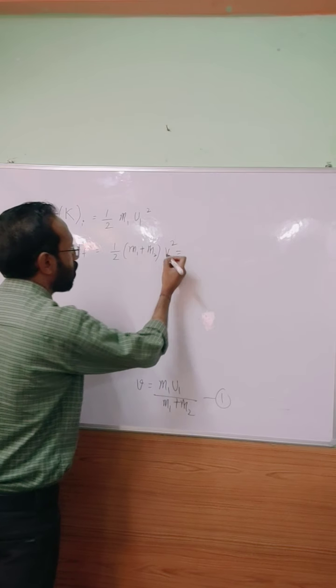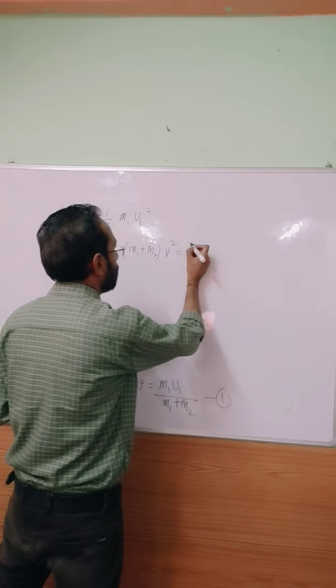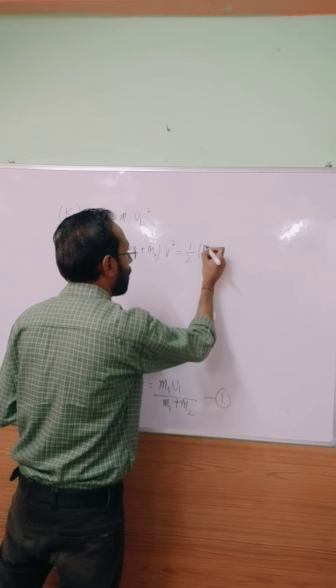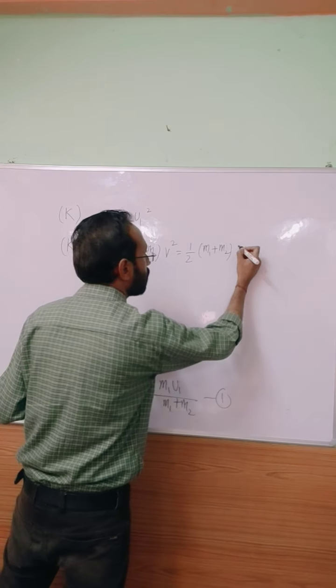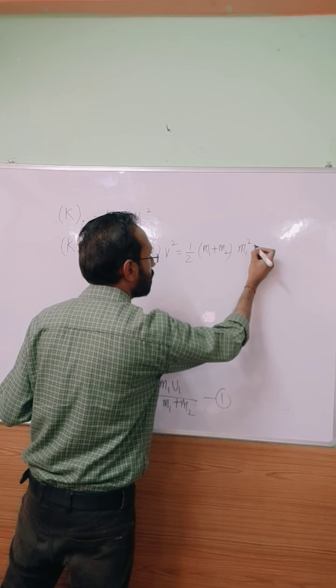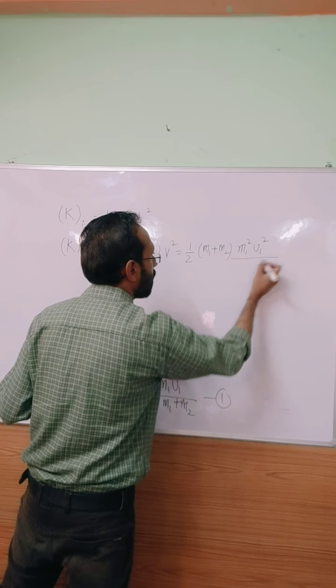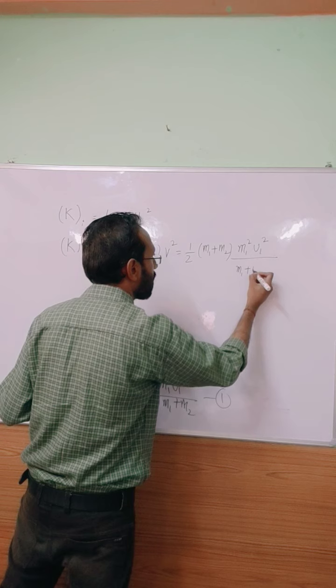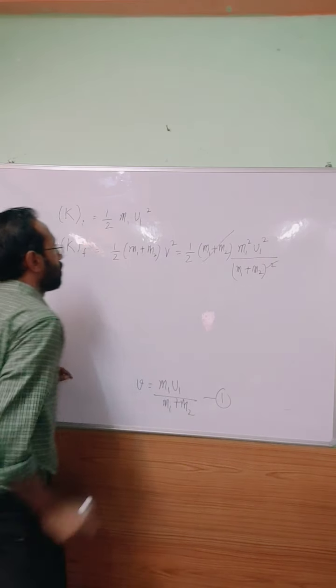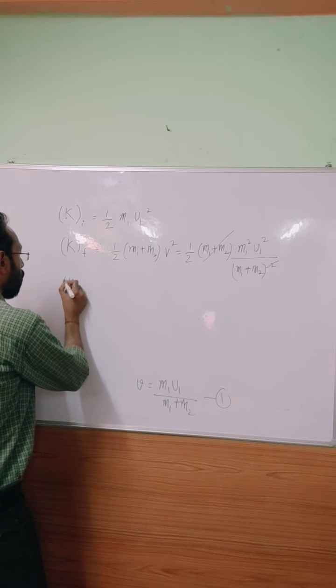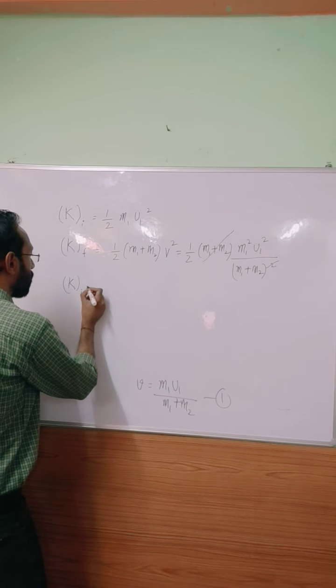We put the value of v, so we get half (m1 plus m2) into m1 square u1 square upon (m1 plus m2) whole square. This will cancel out.